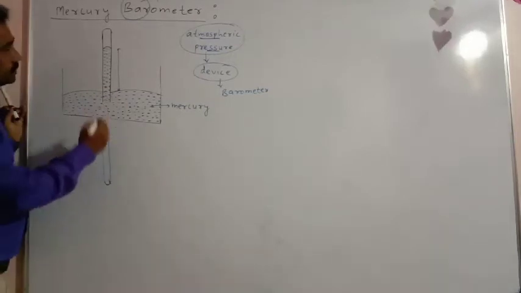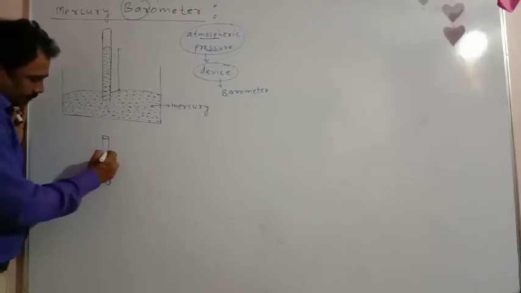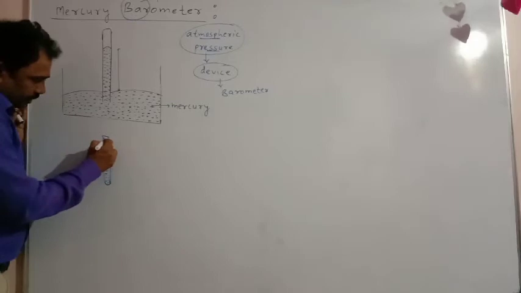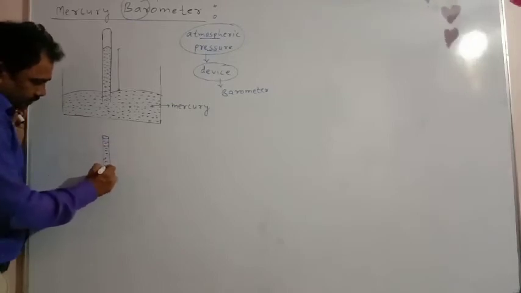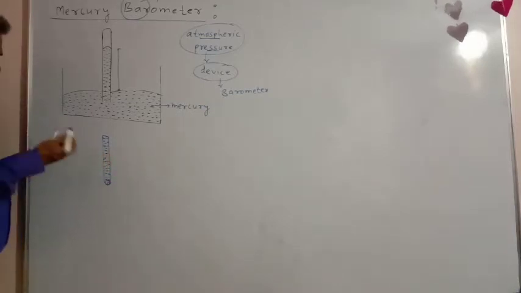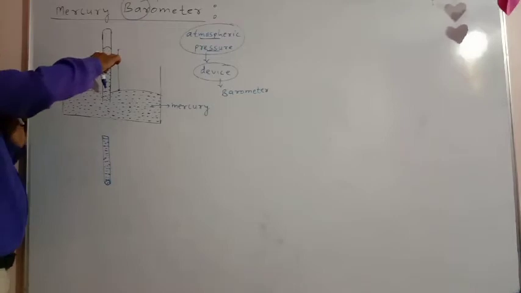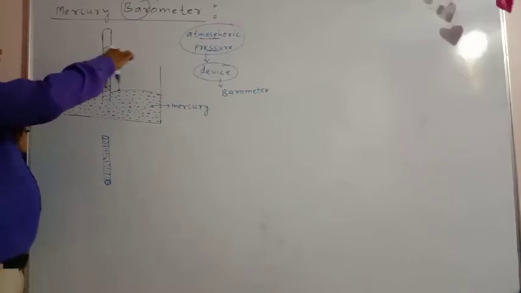That liquid is mercury. So we fill this glass tube with mercury liquid, and this glass tube is inverted into a vessel containing mercury.